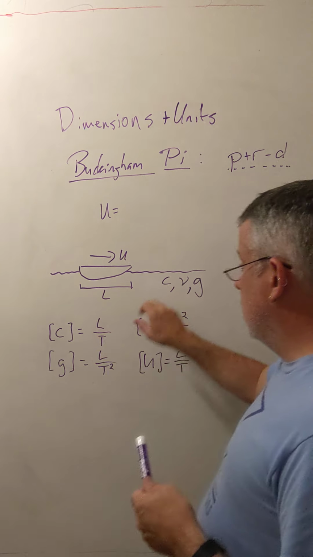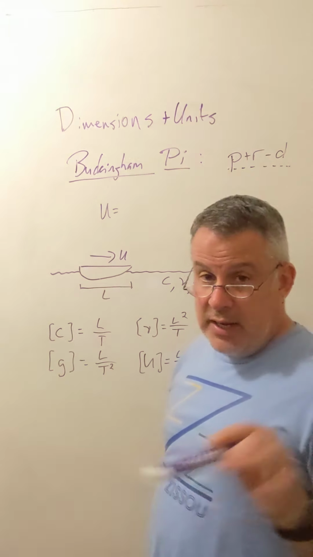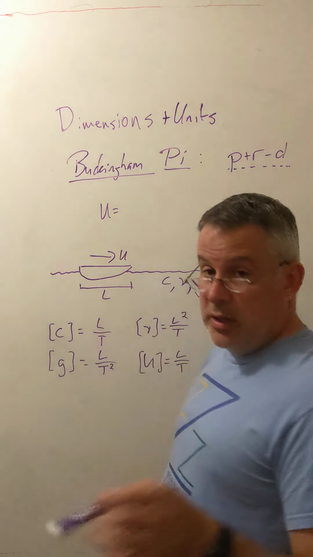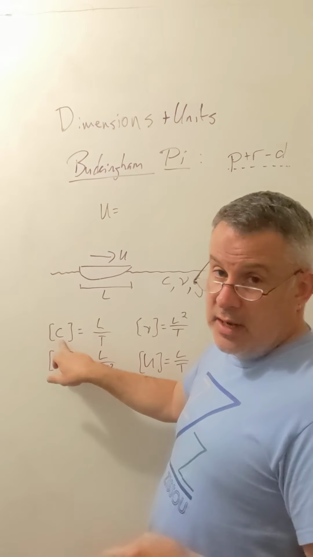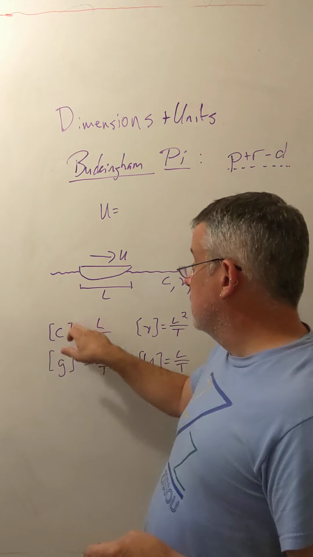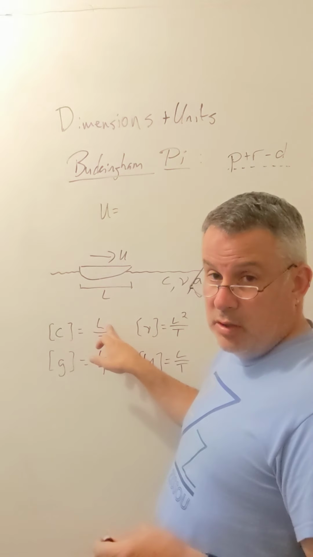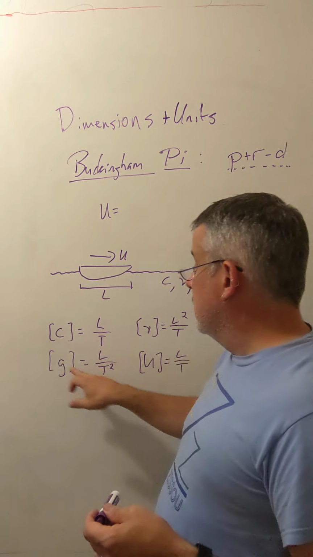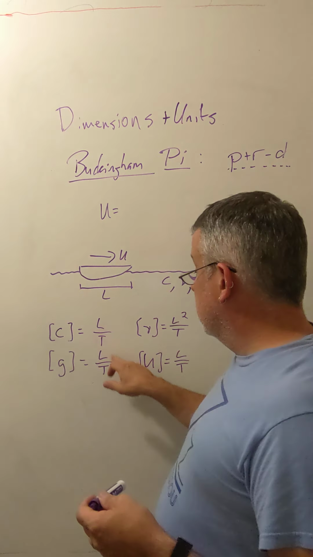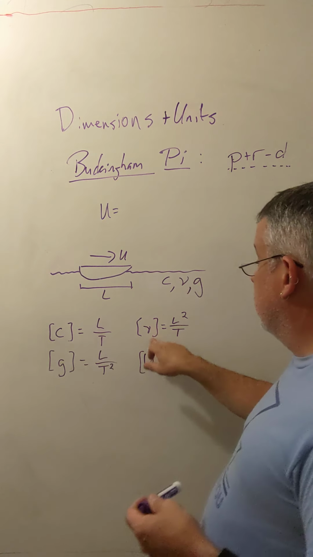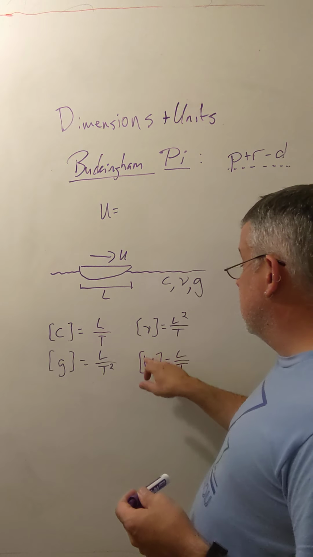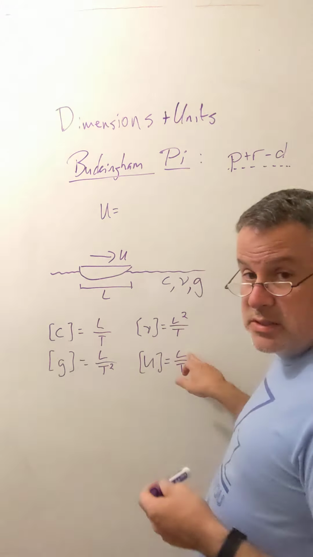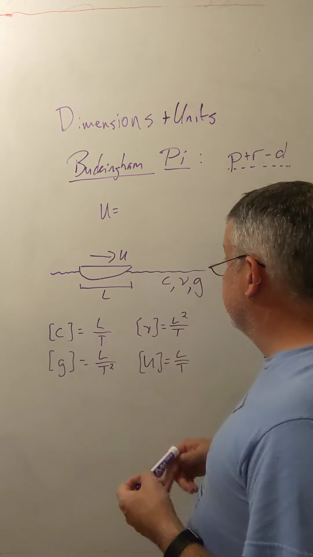Okay, so these square brackets say take that parameter and tell me what the dimensions of it are. So c, the speed of sound, is a speed, so its dimensions are length per time. The acceleration of gravity, length per time squared. The viscosity, length squared per time. And the velocity itself, the result we're looking for, has dimensions of length over time.